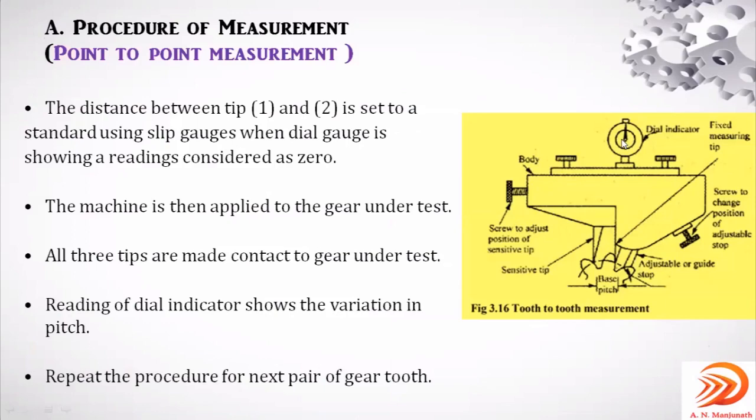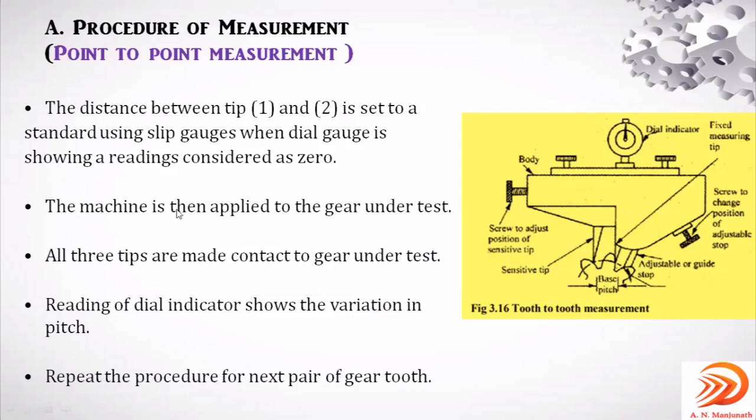It does not give the actual pitch of the given gear. It represents only the variation. It is doing inspection, not actually doing measurement like the vernier caliper or the micrometer. It only shows the variations, as you all know. For that, some standard is required, and that standard is the slip gauge.